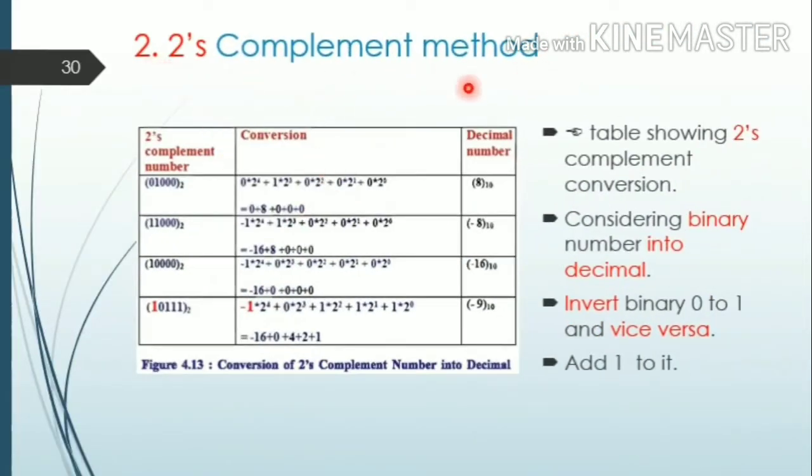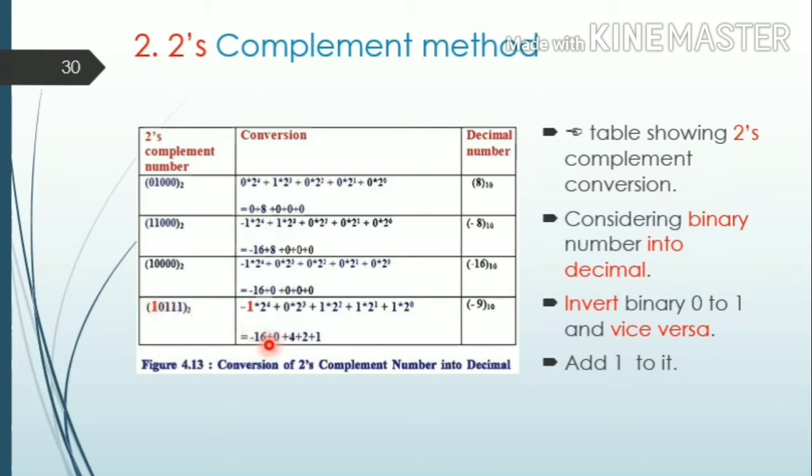2's complement method. Here is a given binary number in 2's complement form. We convert it into a decimal number. How is it possible? Suppose we are converting this one. This is the multiplication method, which comes to 8 in decimal. Now check the last number, the first digit comes 1.